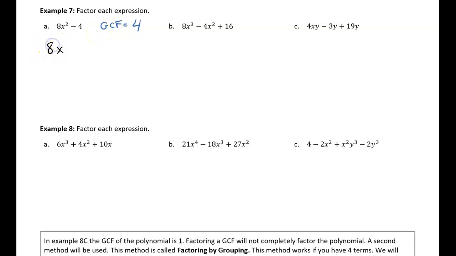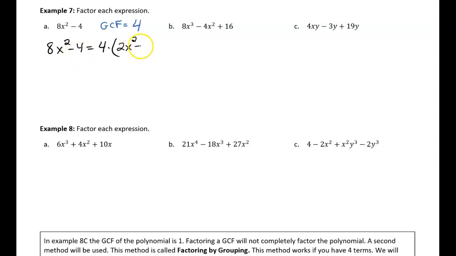So then, my 8x squared minus 4, I'm going to undo the distributive property. So here comes 4 is my GCF, parentheses. And what's left over when I pull that 4 out of the multiplication? Well, 8x squared divided by 4 gives me that 2 from the numbers, and then the x squared is still attached.